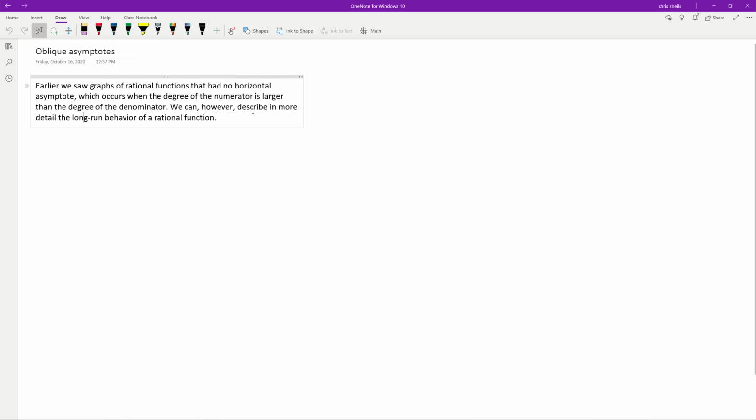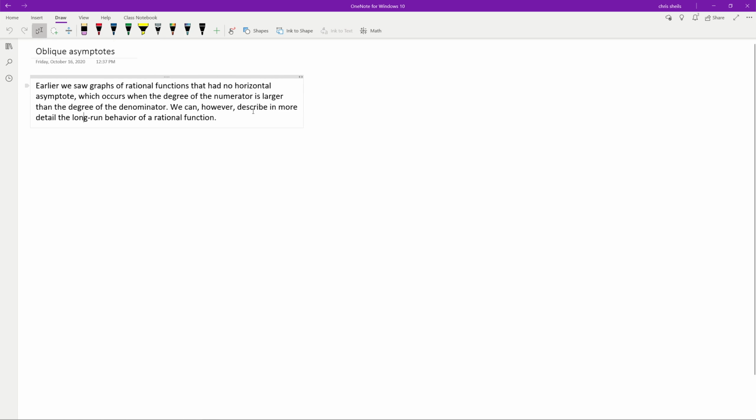If I want to describe the long-run behavior of (3x squared plus 2) divided by (x minus 5), notice there is no horizontal asymptote here. However, I can perform some polynomial division so I can get a better understanding of how this graph behaves.